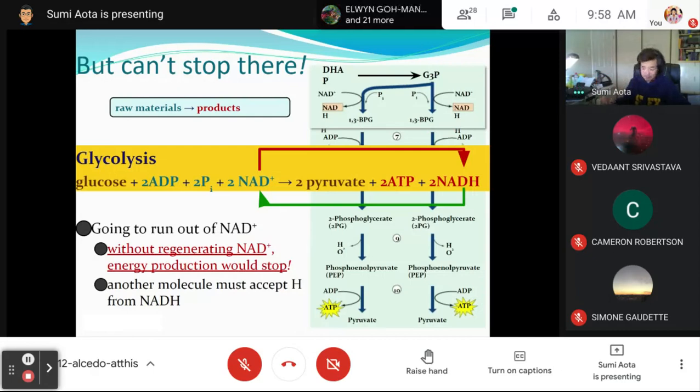It's not going to be fat. So you have to remove the hydrogens from here so that you can regenerate NAD plus so that you can continue the second half of cellular respiration. Good guess, not fat, but good guess.